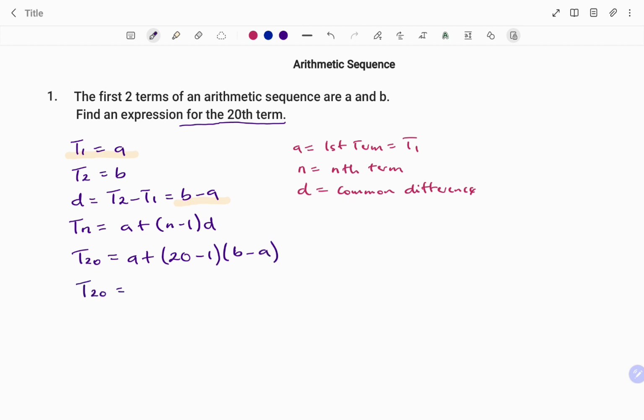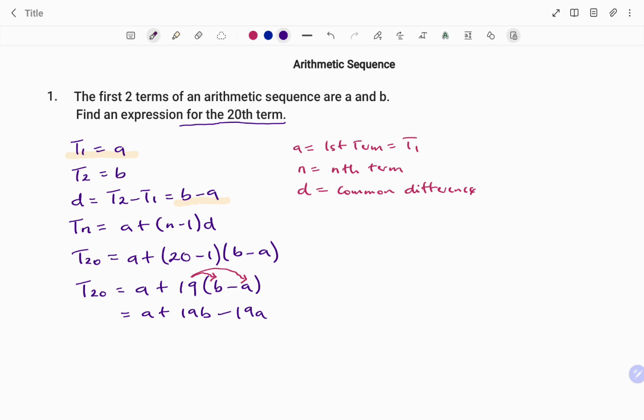T20, we're going to simplify, equals A plus 20 minus 1, that's 19, multiplying B minus A. If I expand the bracket, that will be A plus 19B minus 19A. Remember, the number in front of the bracket will multiply all the terms within the bracket.